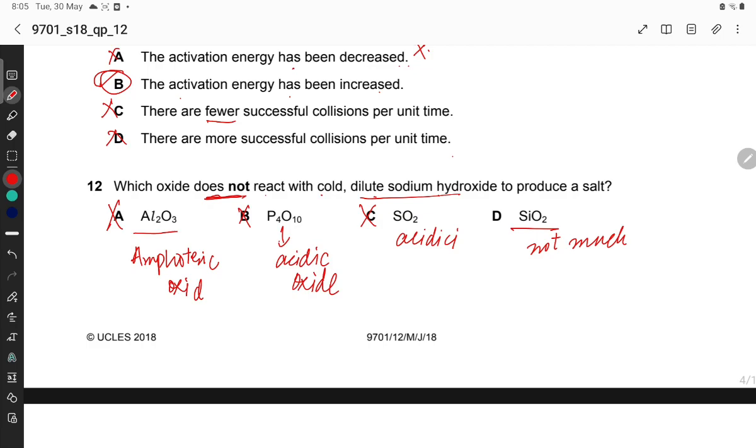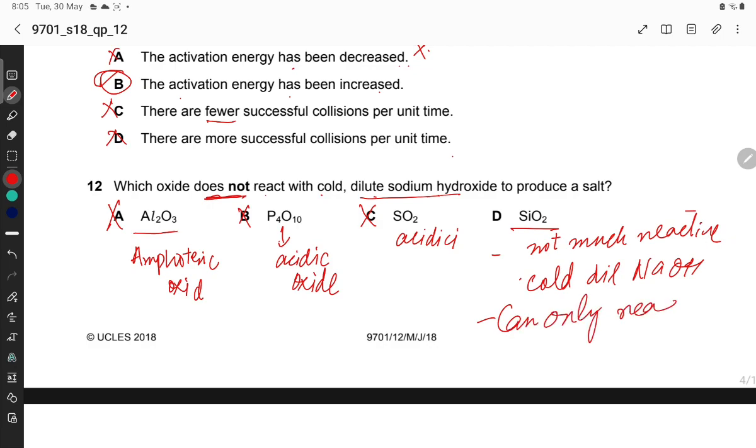It can only react with concentrated hot sodium hydroxide. So that's why D is the correct option.